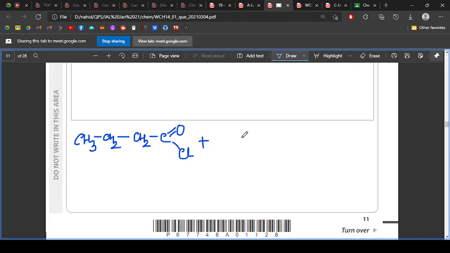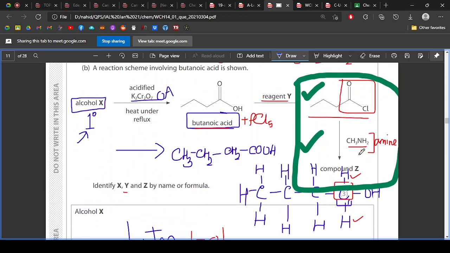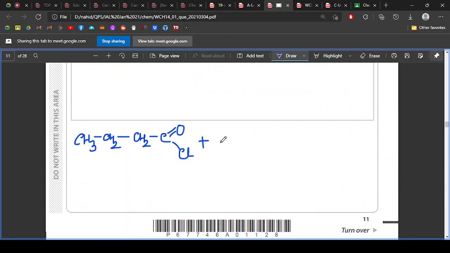Cl. This reacts with the amine CH3NH2. So I'll write it something like this: NH2 CH3. So the compound that they've written is something like this: CH3 NH2.